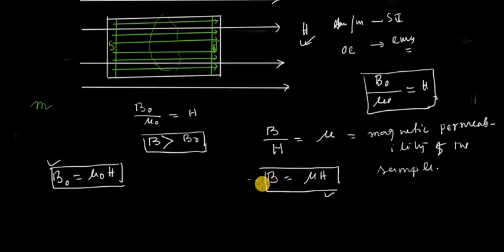That increased value, that is B0, is now increased to B, and that B is equal to mu into H.